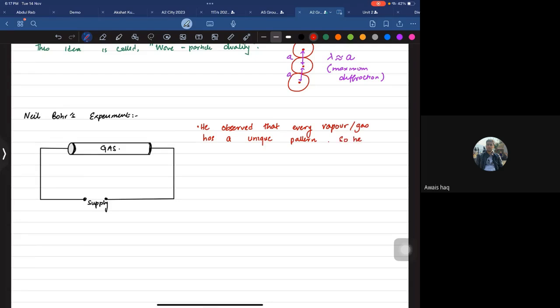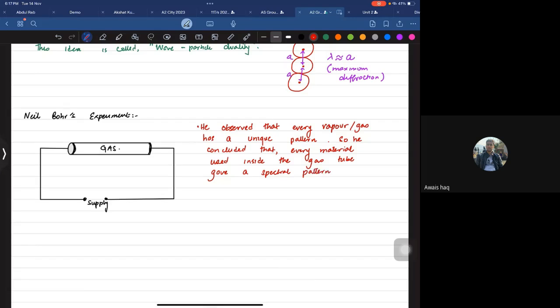So he concluded that every material used inside the gas tube gave a spectral pattern.